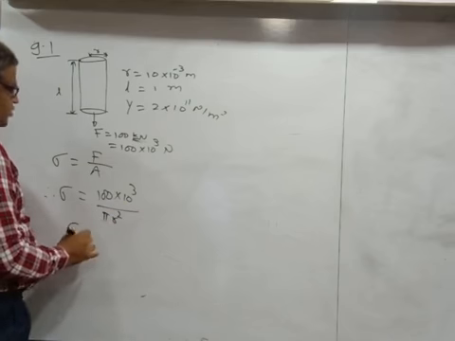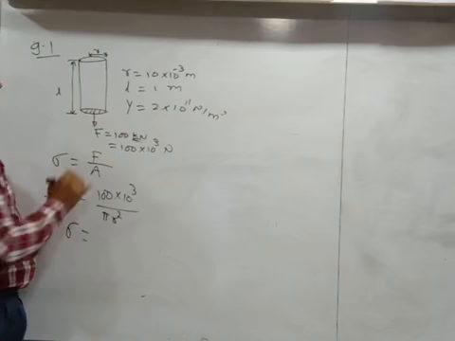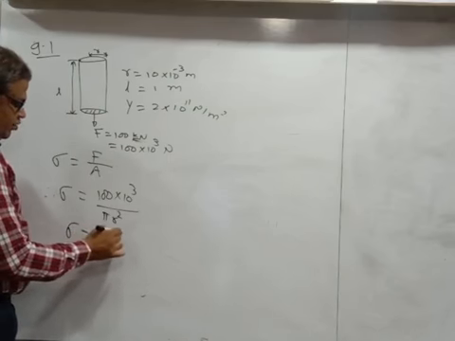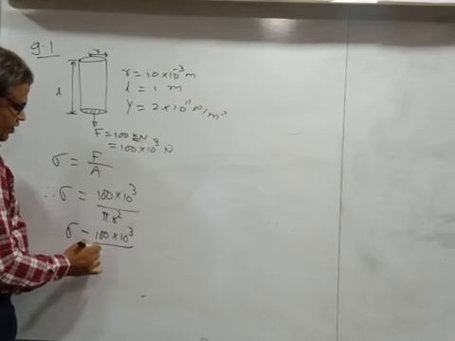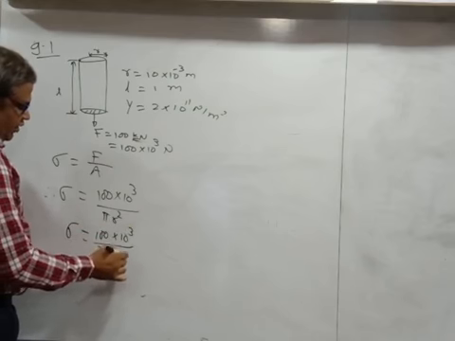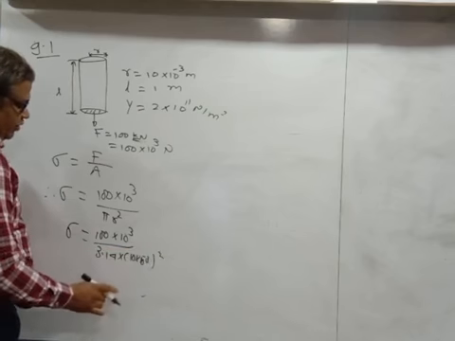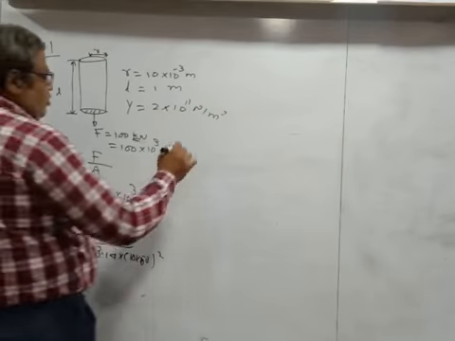So sigma is equal to 100 × 10³ and pi 3.14, and here (10 × 10⁻³) whole square.